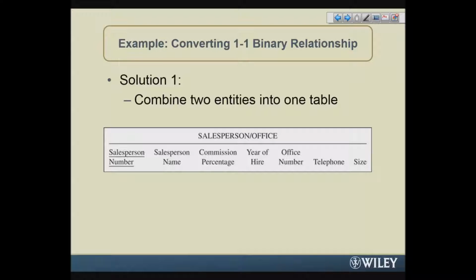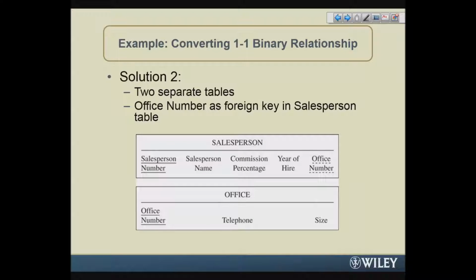So that means if I have office number 1 that is not occupied by any salesperson, then I will not have anything to do with it, which is not allowed. So that's the problem, why we can't combine those two tables together. So the other solution is to create two separate tables and include the office number as a foreign key in the salesperson.